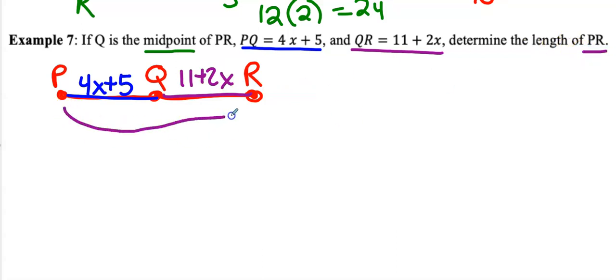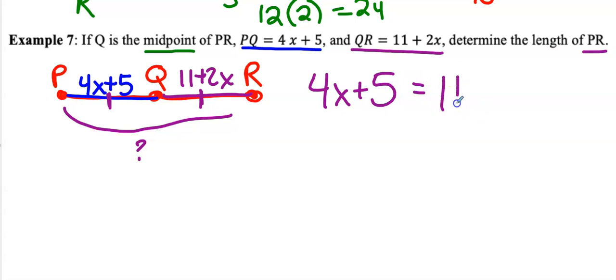So ¿cuánto? What is the total? So yo no sé, I do not know the total. But I know if Q is en el medio, I know this part is equal to this part. So son igual, porque Q is en el medio. So son igual, I'm going to set them equal. So 4x plus 5 equals 11 plus 2x.